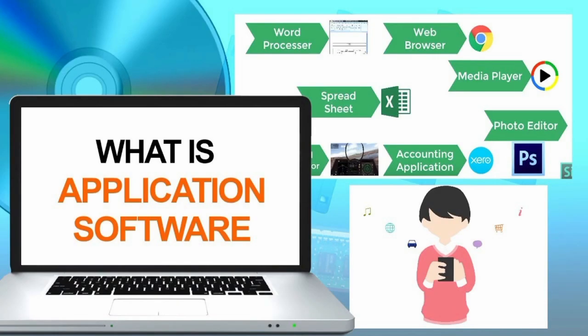Now, what then is an application software? An application software simply can be defined as a computer program designed to help end users perform a certain task or a certain kind of task. Now, application software is downloadable. And the reason why application software came is to help the system software maintain its functionality.